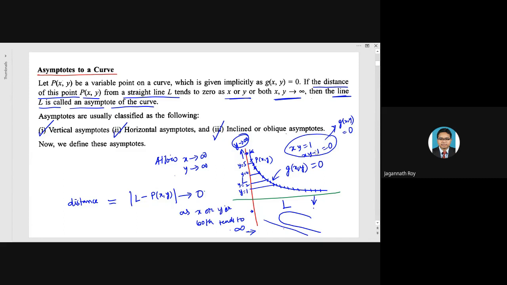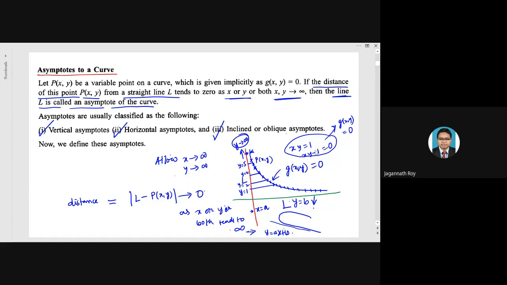This line is y equals some constant, y equals some b, and this is x equals some a. But this line will be y equals ax plus b, an inclined line. So the slope means it will make some angle to the x-axis and y-axis. So that is an inclined or oblique asymptote.